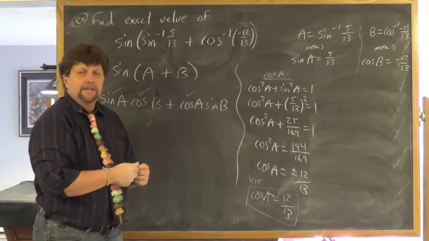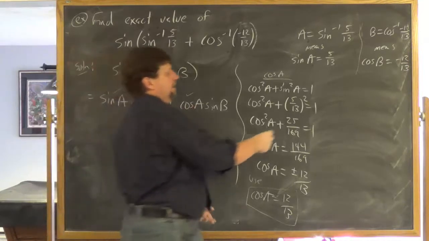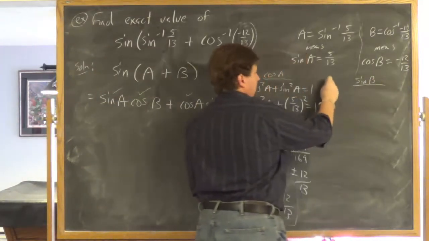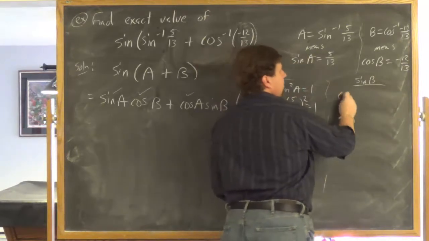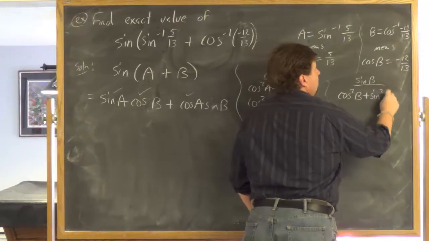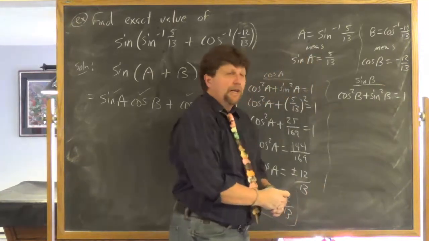Let's get the exact value for sine of B. And I'll put that right here. I'm going to use the Pythagorean identity cosine squared B plus sine squared B is 1.